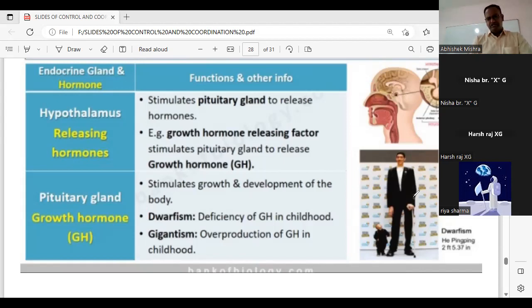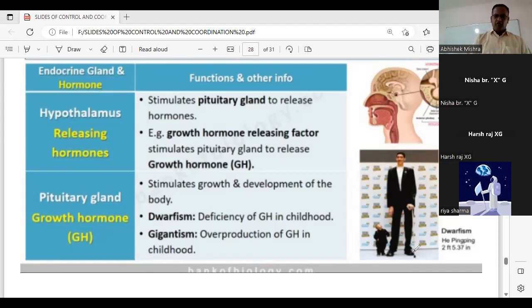Now, Harsh, unmute yourself. Harsh, unmute yourself. Okay, hesitating to participate. Ria, unmute yourself. Yes, sir. Ria, can you tell me what happens in dwarfism?